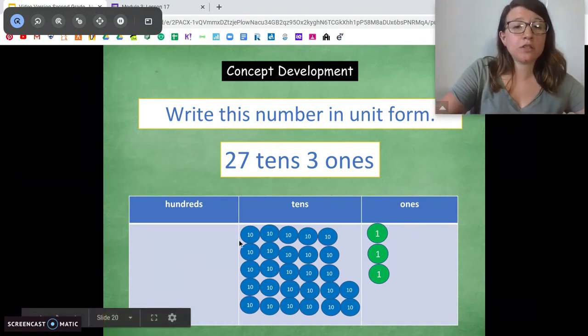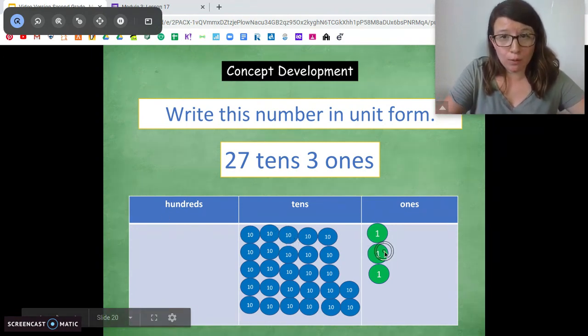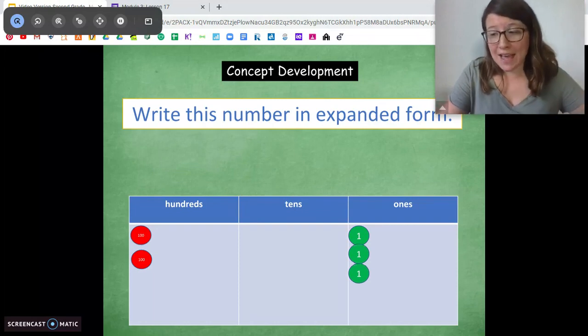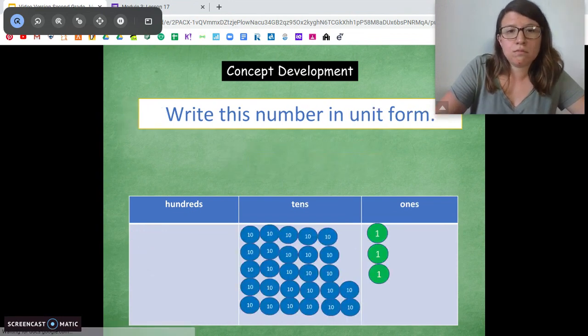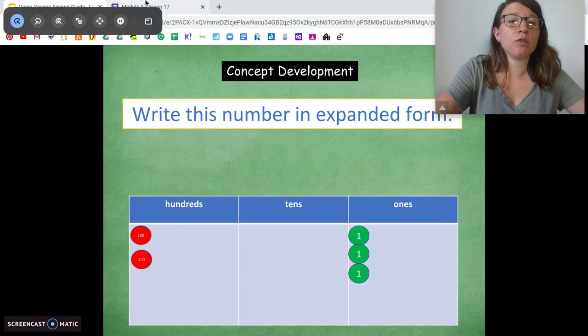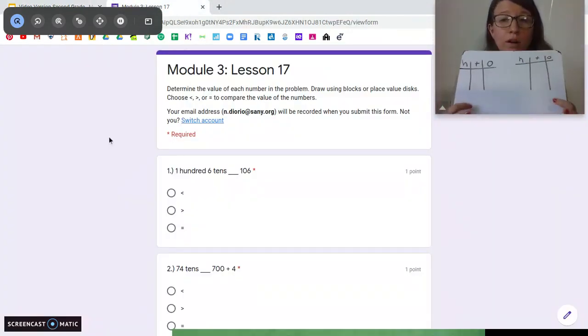Because this would be 200, 7 tens, 3 ones. This number, 203, does not have any tens. So it is going to be less than 27 tens, 3 ones.